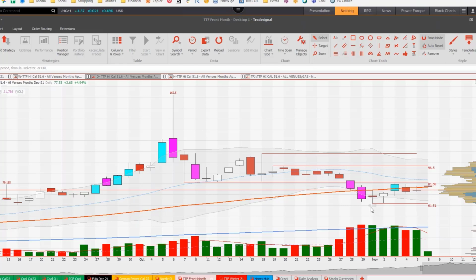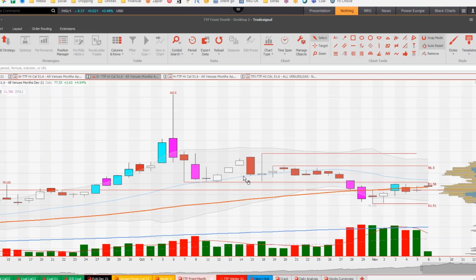Support 61.51 is the major support, and then there's a bit of a worrying valley of volume profile in here. So if it starts to go down, it could go down quite a lot. But at the moment, it's on the right side of this mountain, which means it's probably going to steady up a bit into resistance, which is above it, centered on 90.